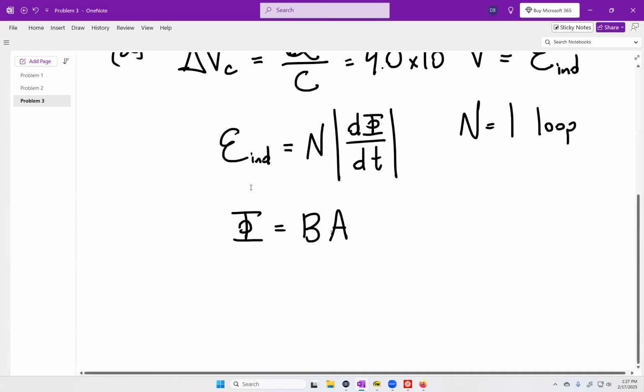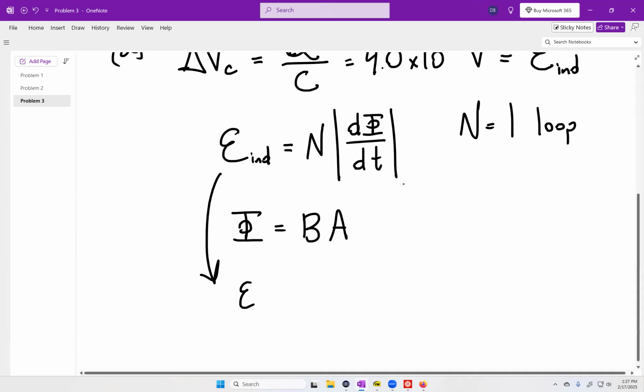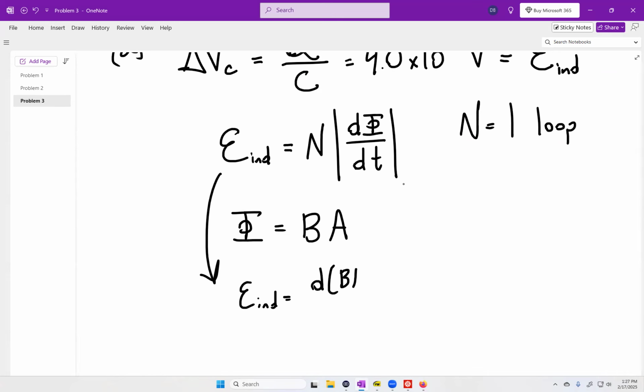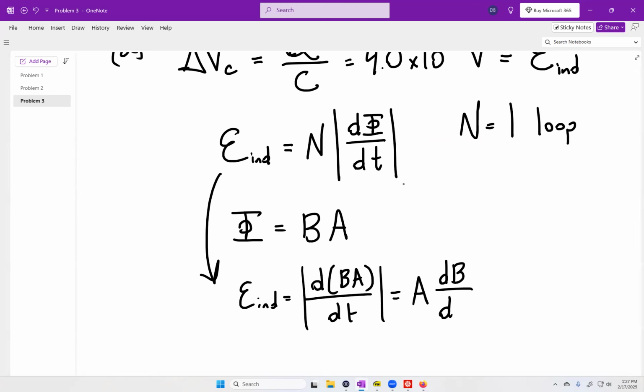The area is constant, so when we take our derivative in Faraday's law, in fact, I'll drop the N because N is just 1. So this is d of B times A dt, and the A comes out of the derivative, so this is just A times dB dt.